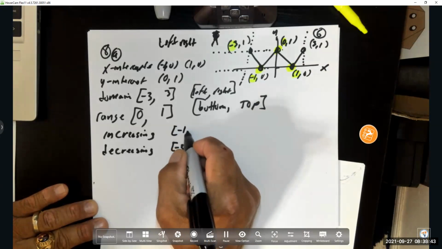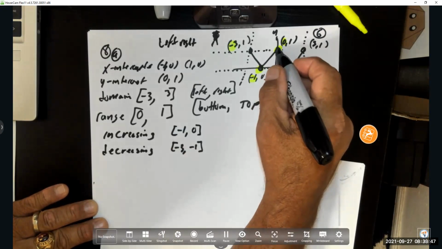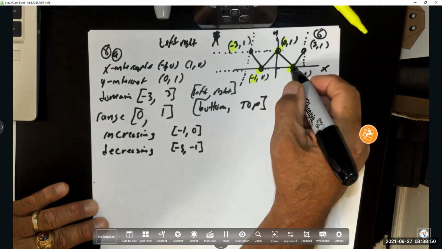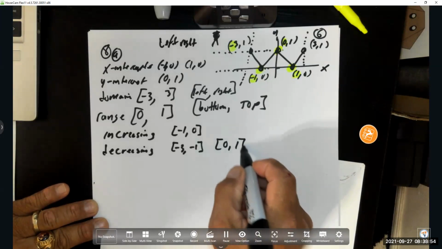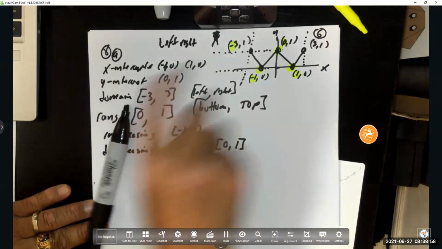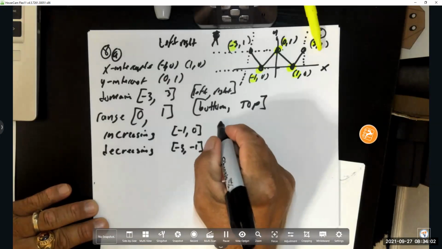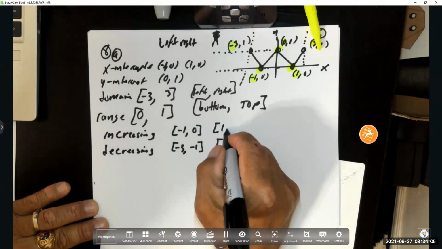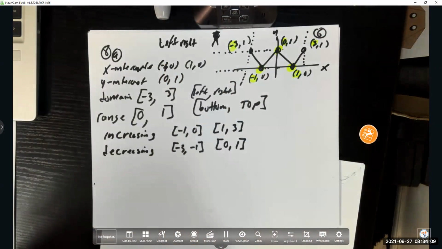So from -1 to 0, you're going upstairs. And then from 0 to 1, what's going on there? Decreasing. Yes, from 0 to 1, it's decreasing. And then from 1 to 3, what's going on there? Increasing. 1 to 3. Going up. Okay, so you see how I did that? Up and down, up and down?